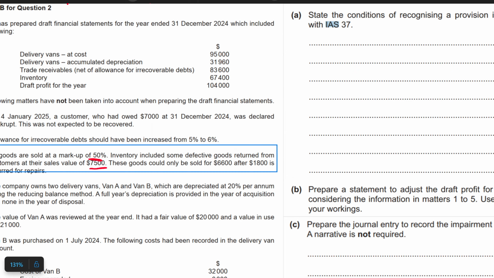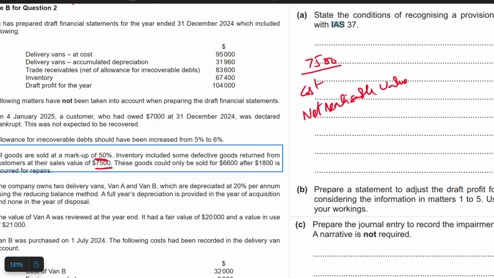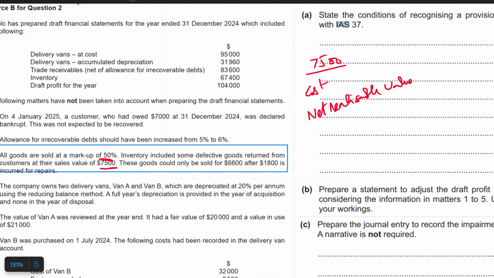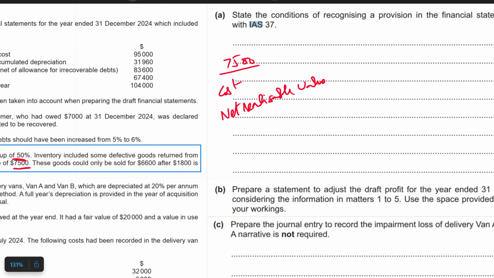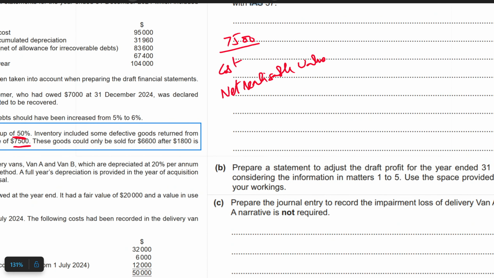So inventory is included at 7500 at its sale value, while we need to calculate its cost and its net realizable value. Because it was sold on 50% markup, 7500 is the selling price.